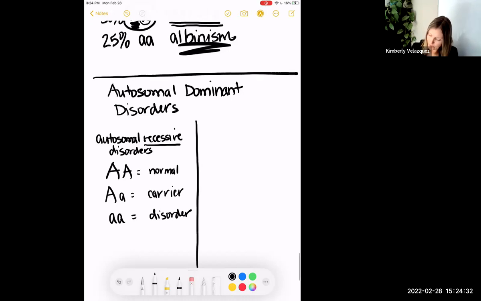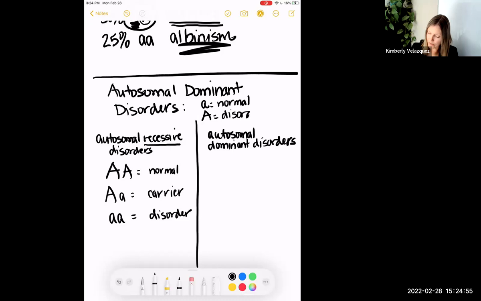In the world of autosomal dominant disorders, it's different. It's a different outcome. And that's because in autosomal dominant disorders, little a is normal and big A is the disorder. In other words, the disorder is dominant over normal.